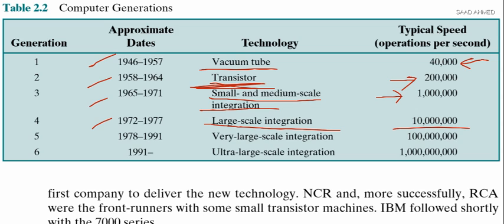And from 78 to 91, very large scale integration, VLSI, gave 100 million. And then from 91 till now, you can say that we are in the age of ultra large scale integration, with this many operations and more performed in today's systems.